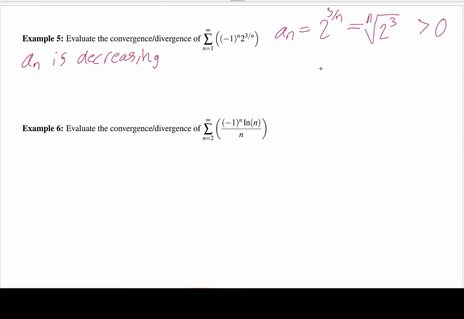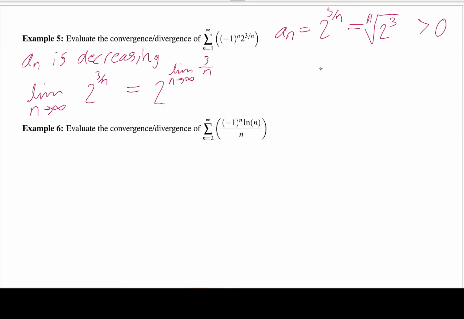And then now we'll check our limit. We have the limit as n goes to infinity of 2 to the 3 over n. That would be the same thing as 2 to the limit as n goes to infinity of 3 over n.